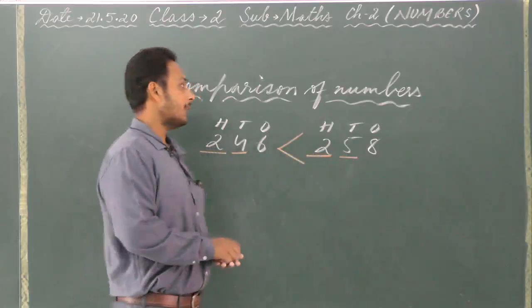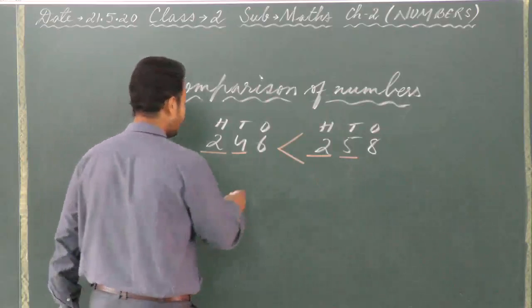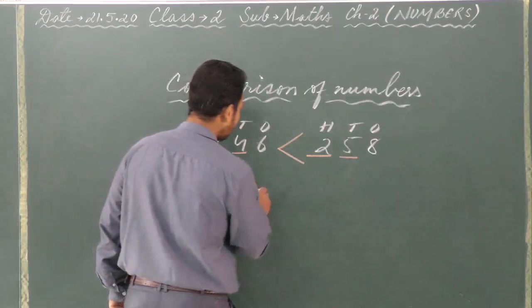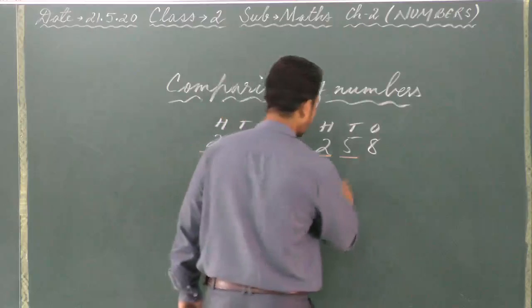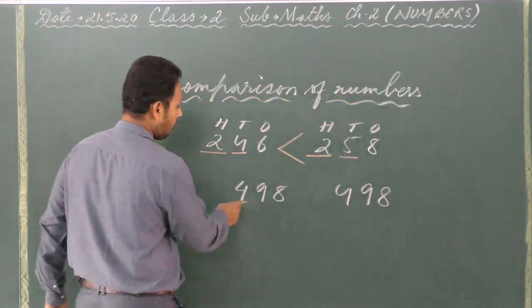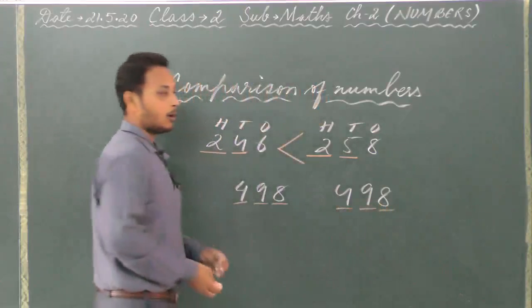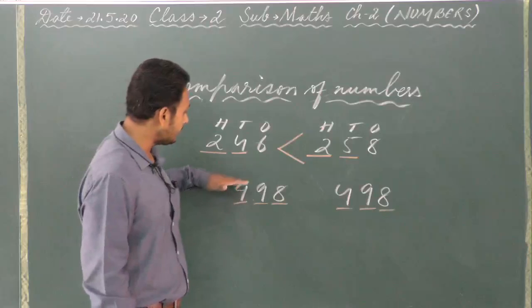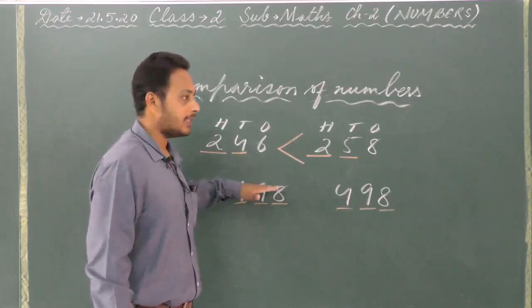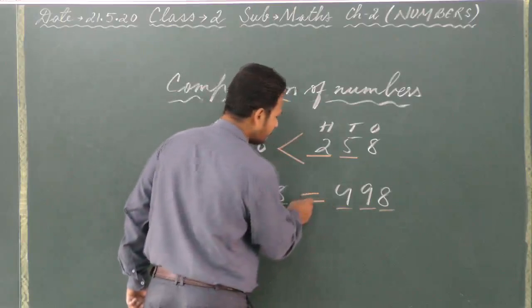Now sometimes two given numbers can be equal. When you take a look over here, 498, 498, all the numbers in the hundreds, tens and ones places are equal. So in these kinds of cases, you will put a symbol like this.